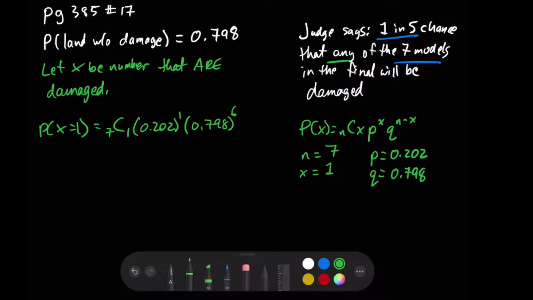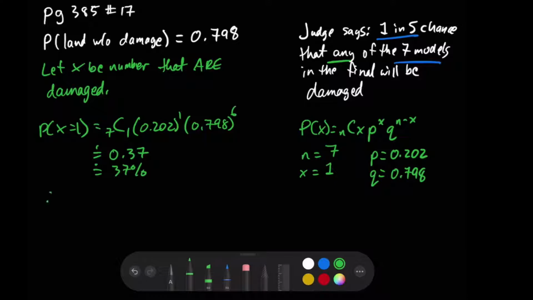And if we go ahead and do our calculation, 7 choose 1. So we have 7 trials, 1 success, or failing. Probability of success, which is being damaged, to the power of 1. Probability of not being damaged, to the power of 6. Is going to give us a value of approximately 0.37, or approximately 37%.